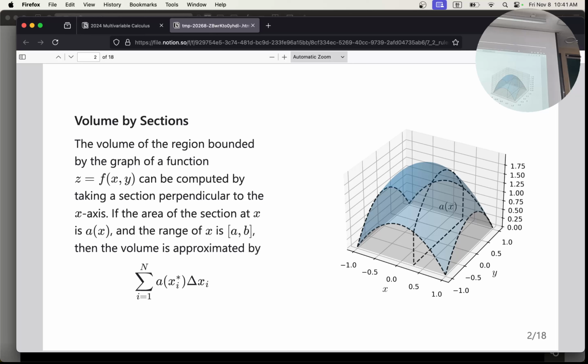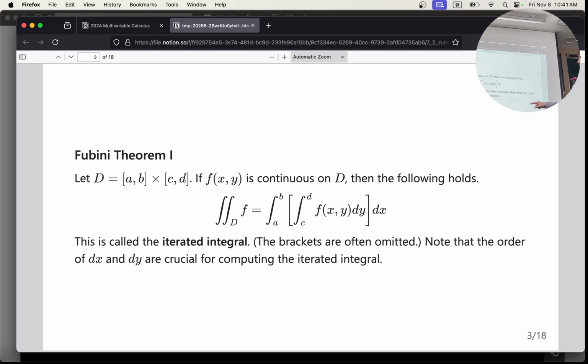Okay? So what you want to do to find A(x) is the integration of the function over the range of y from c to d, because the y range is c to d. But here, the catch is you're assuming that you fix the point x.